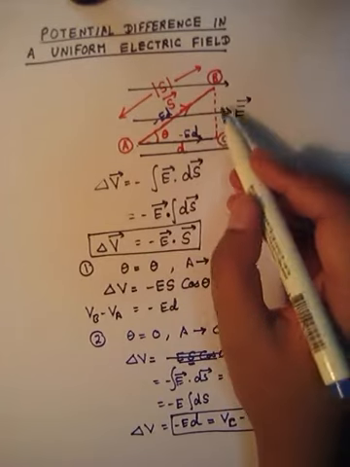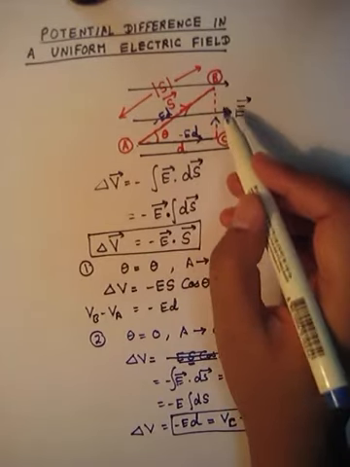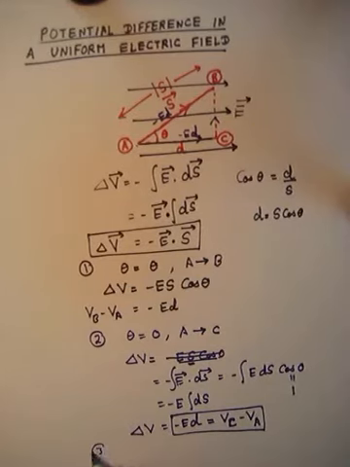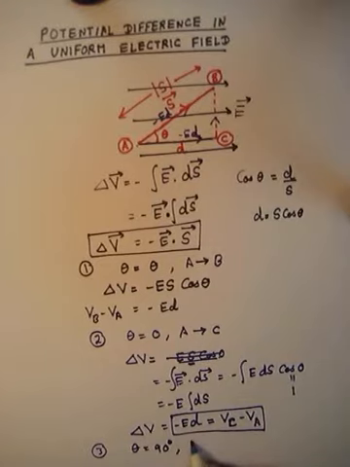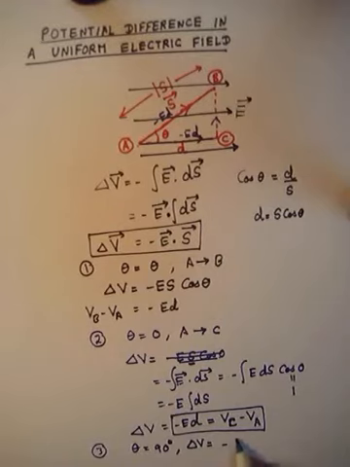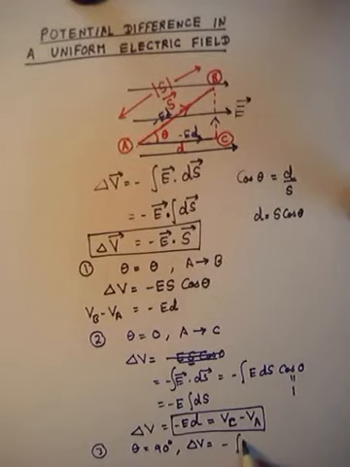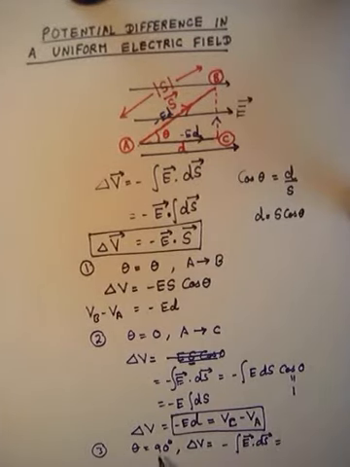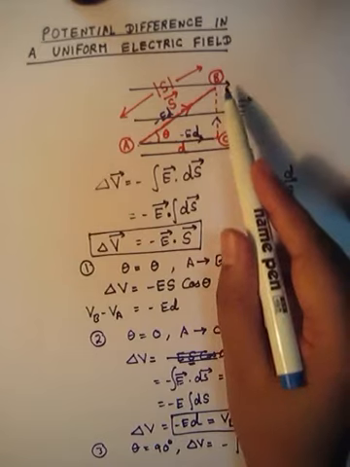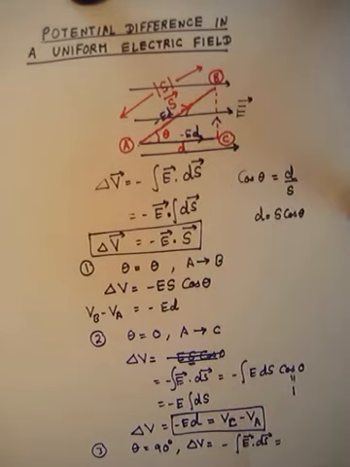Now let us see what will happen if you move from C to B. So in the third case, theta is equal to 90 degrees, and the potential difference will be minus integral of E vector dot ds vector. So now in this case we are moving from C to B, but the angle is 90.